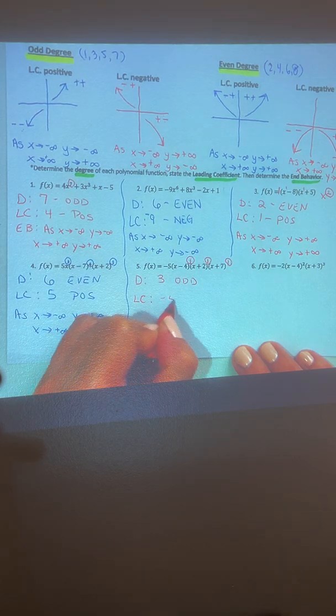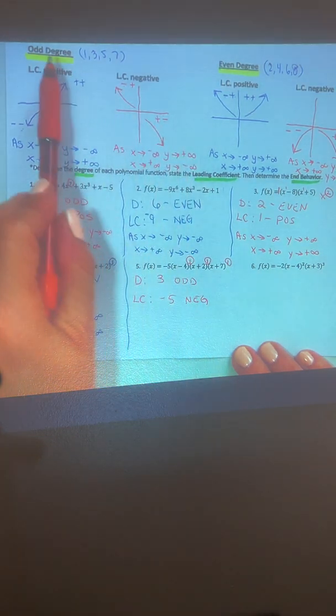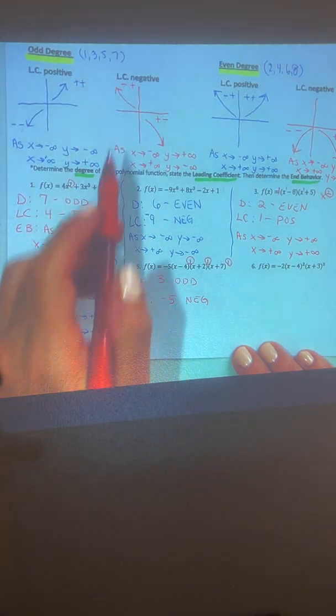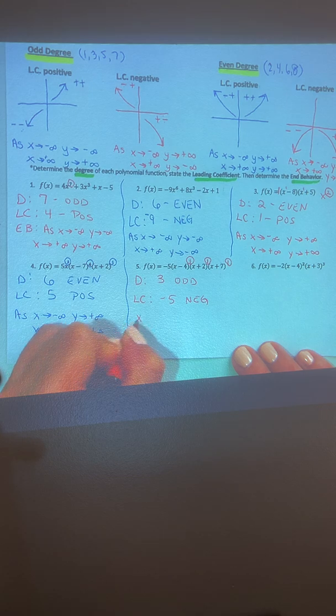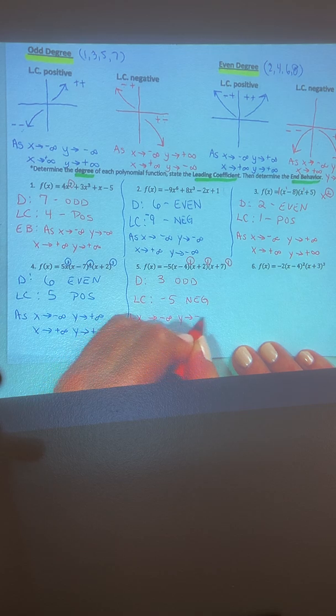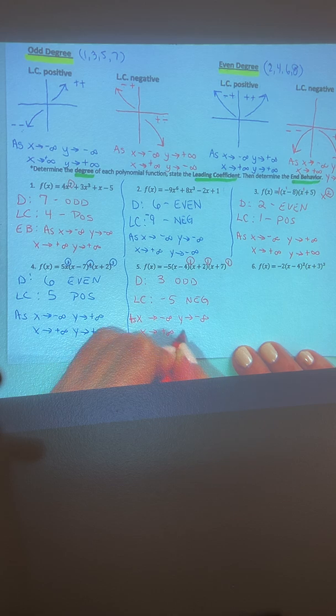And leading coefficient, negative 5, that's negative. Odd, negative. As x approaches negative infinity, y approaches negative infinity. I'm sorry if you're bored. As x approaches positive infinity, y approaches negative infinity.